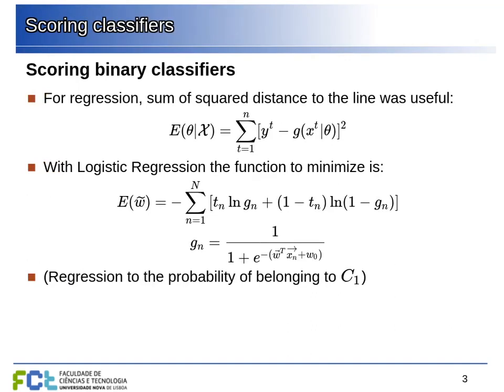We saw that for regression, we were minimizing the sum of the quadratic errors, and we could use the same sum of quadratic errors as a measure of the performance of the hypothesis that we obtain.